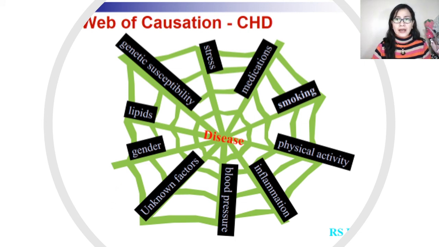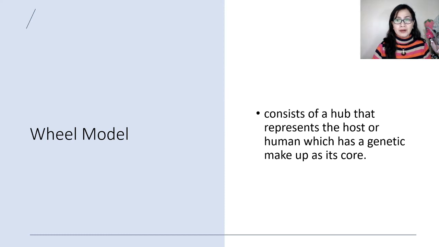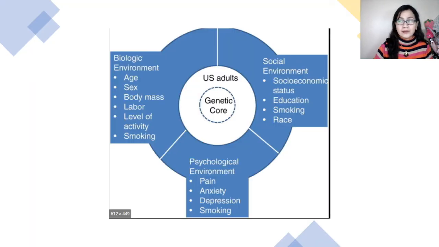Next, we have the wheel model. So the wheel model consists of a hub. Let's see this one. It has the hub that represents the human or the host, which has a genetic makeup at its core. So, the cause of the disease is through genes.